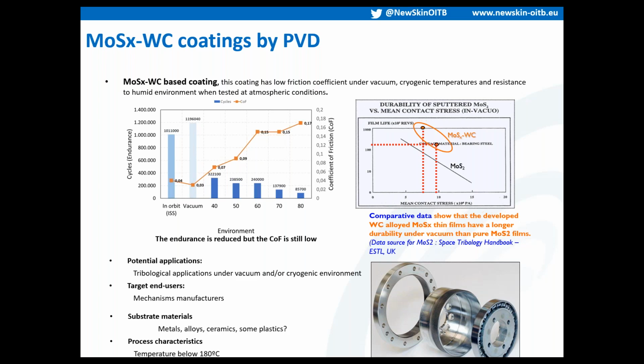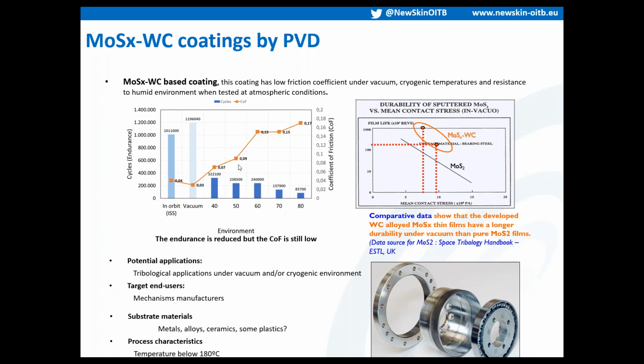The result is that in orbit and in vacuum you have the best results, because there is no water, there is no oxygen, so you have a very low coefficient of friction and very high endurance. When you increase the presence of oxygen and water vapor, the endurance is reduced and the coefficient of friction increases, but always below 0.2.